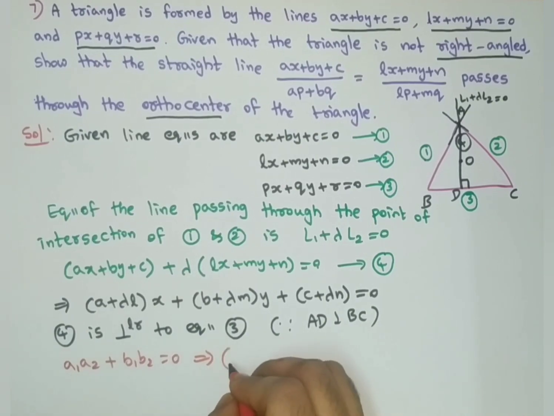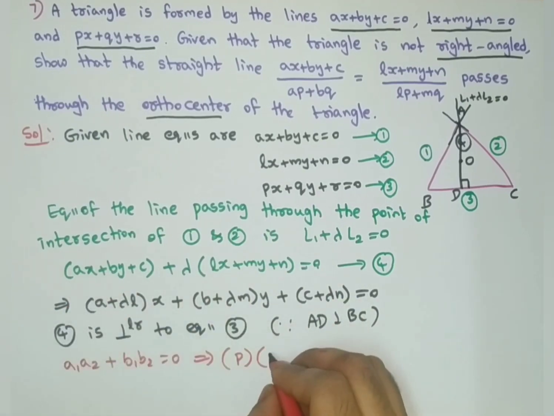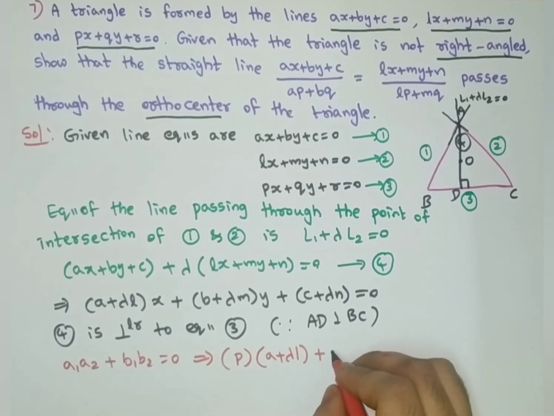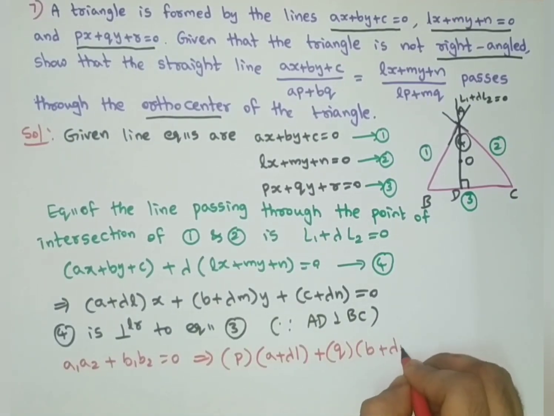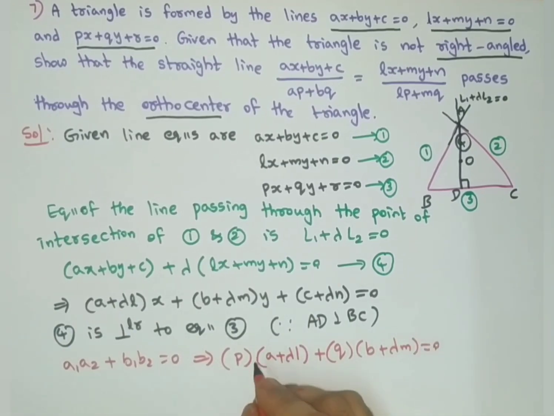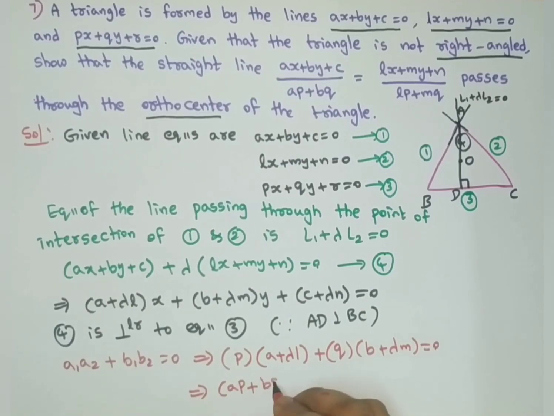Now what is the A1? From equation 3, p. And what is the A2? a plus lambda l. Next b1 q, b2 b plus lambda m is equal to 0. Now from this, without lambda terms, first write down ap plus bq.